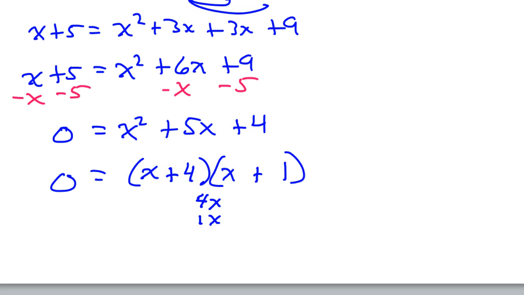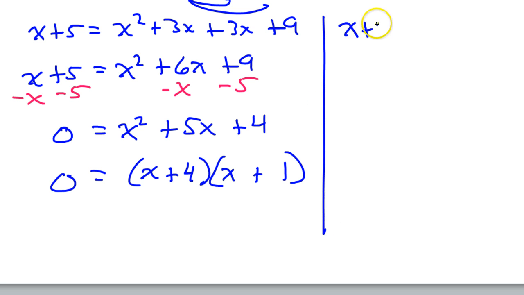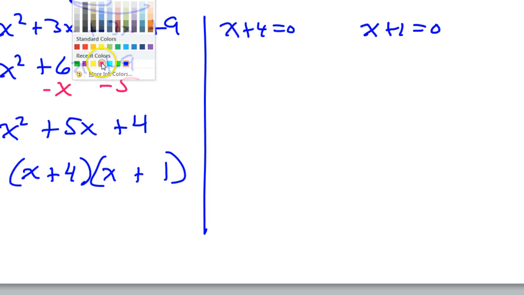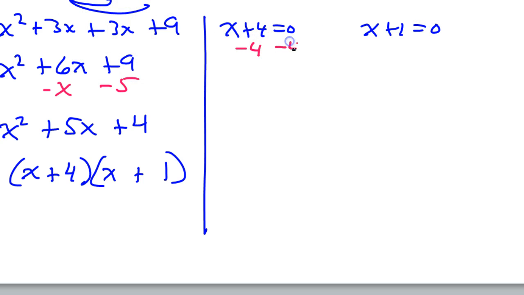So that's how you factor this. Now to get the final answers, I set these two equal to 0. So if I do x plus 4 equals 0, and I set x plus 1 equal to 0, subtracting 4 from both sides and subtracting 1 from both sides, that's going to give me x equals negative 4 and x equals negative 1.